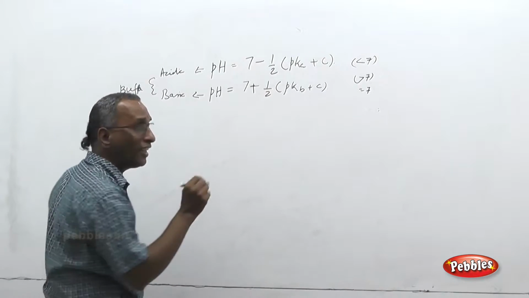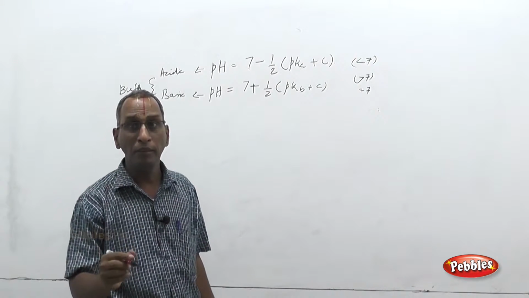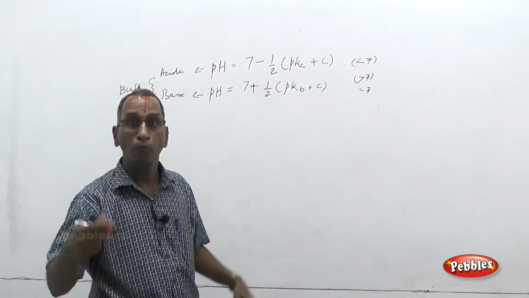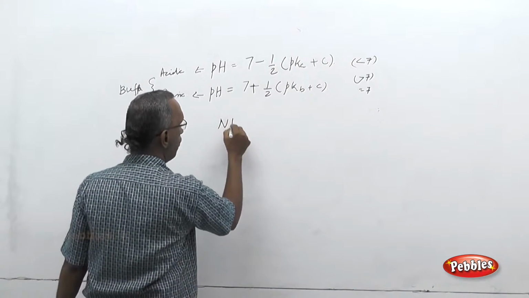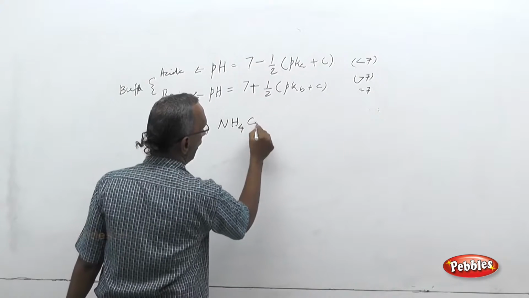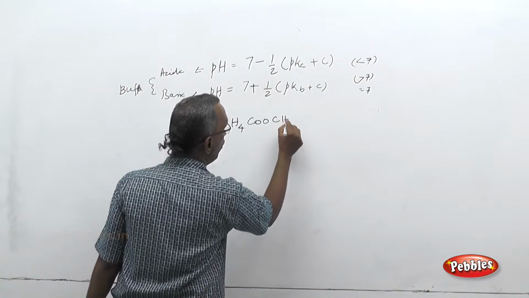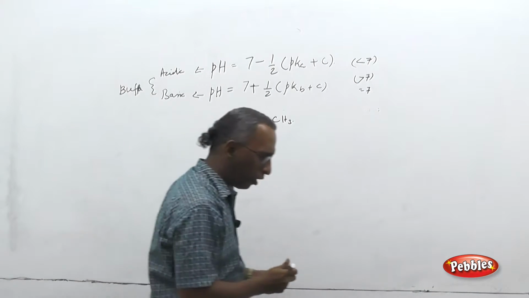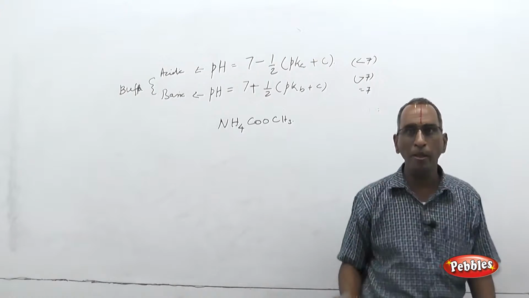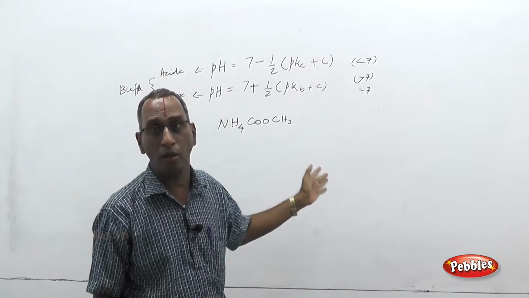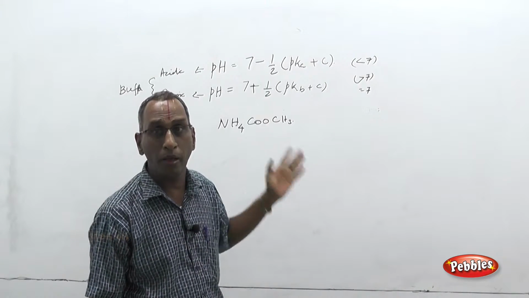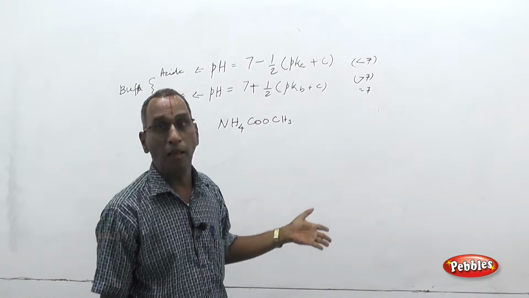Lastly, what is the pH of a solution if it is made up of both components weak? Let us take ammonium acetate, NH4COOCH3. Ammonium acetate is a combination of ammonium hydroxide and acetic acid. Ammonium hydroxide is a weak base.